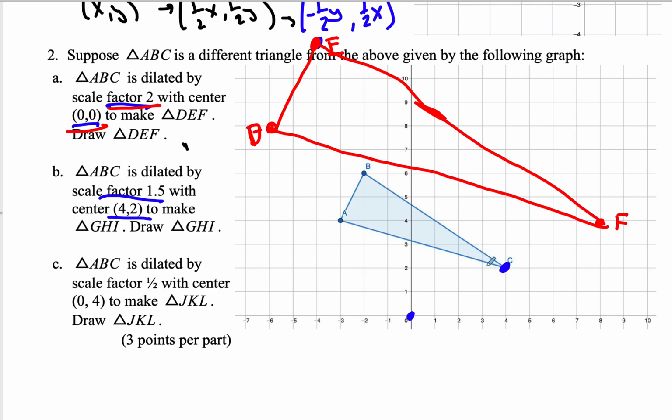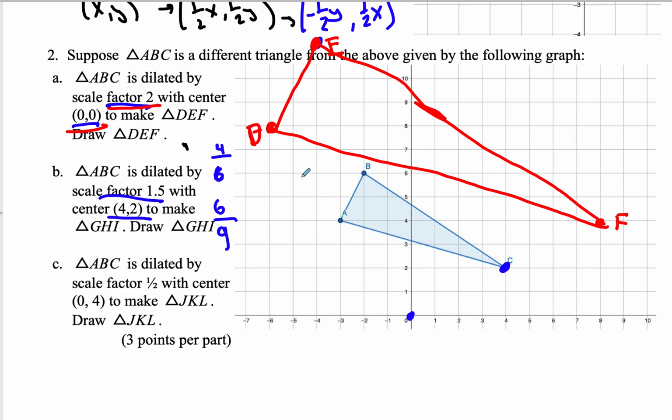Now B. B is 1, 2, 3, 4, 5, 6. 1, 2, 3, 4. So B is over 4, up 6. And so we want to get 1.5 times that much. So 1.5 times 4 is 6. 1.5 times 6 is 9. So 1, 2, 3, 4, 5, 6, 7, 8, 9.